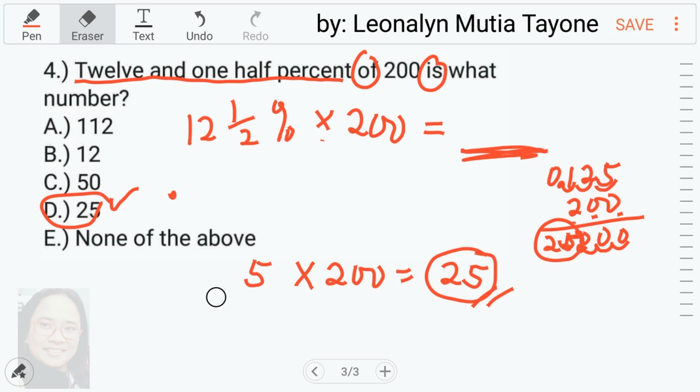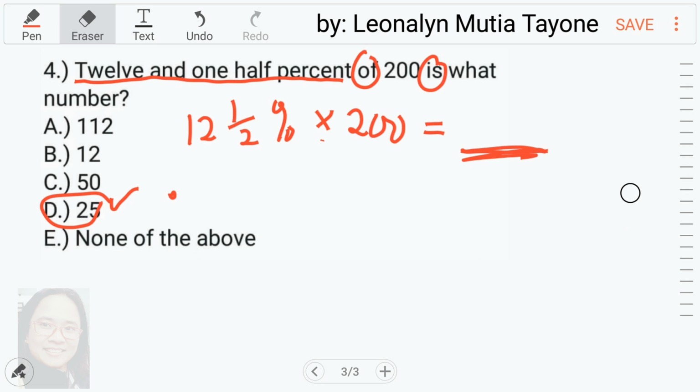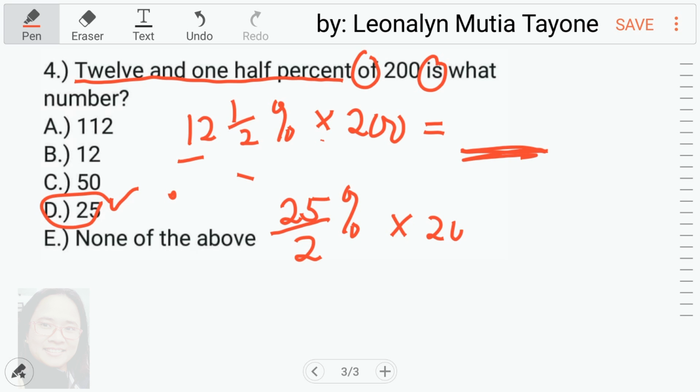Another way. Itong 12 1/2% gawin nating improper fraction kasi mixed number siya. May whole number at may fraction. 12 times 2 equals 24 plus 1 equals 25. So this is 25/2% times 200.